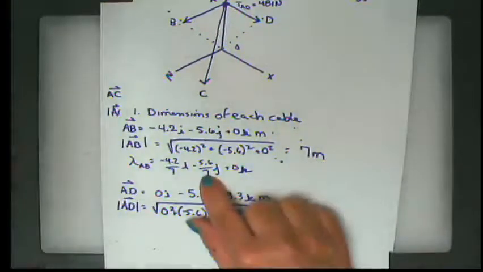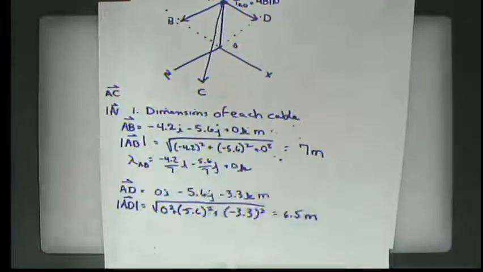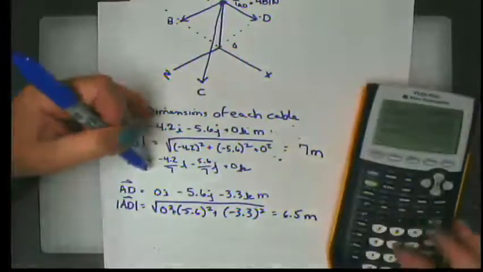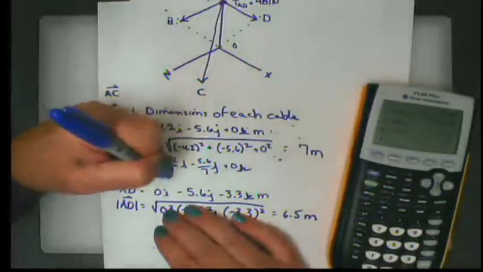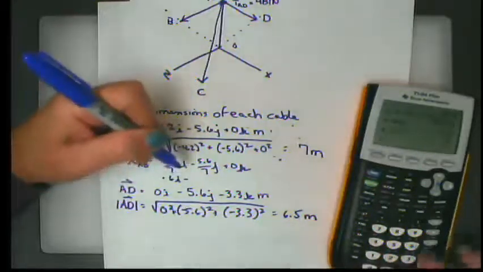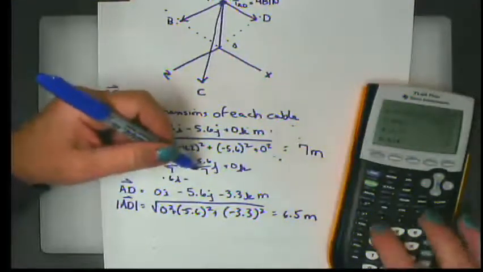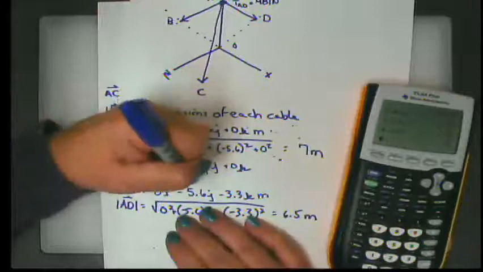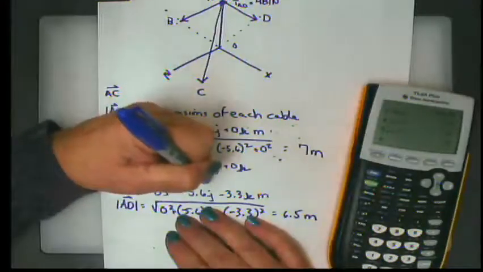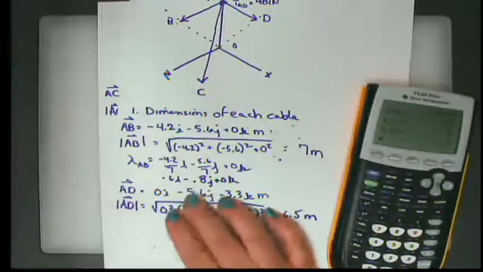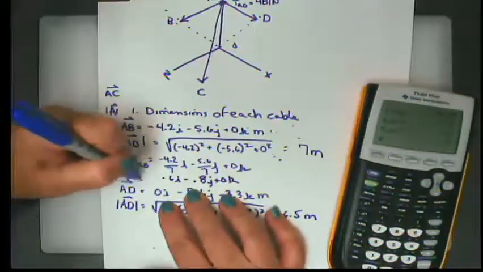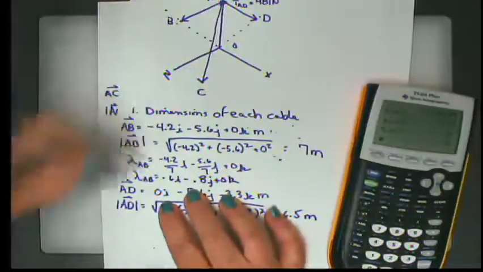Right? Now I can simplify this a little bit. I can take the 4.2 and the 5.6 and divide by 7. And that's 0.6. And 5.6 divided by 7 is 0.8. So it's negative 0.6I minus 0.8j plus 0k. That is my lambda in the AB direction.